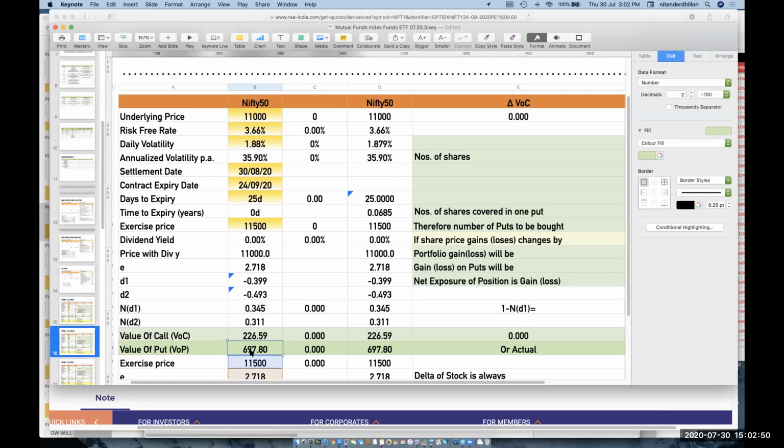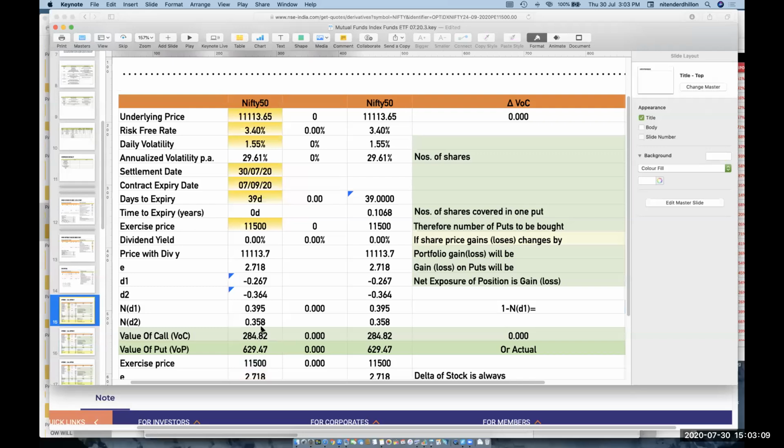So जिस बंदे ने put option खरीदना है on 30th of August for 25-day maturity, and when the index is already at 11,000 for a strike of 11,500, उस बंदे को 700 रुपए देने पड़ेंगे. मैंने अभी कितना दिया? जैसे 640, 620 के 630 के आसपास.